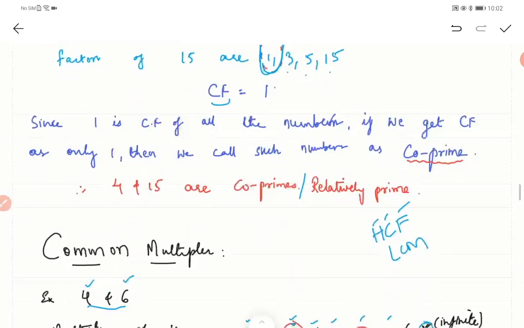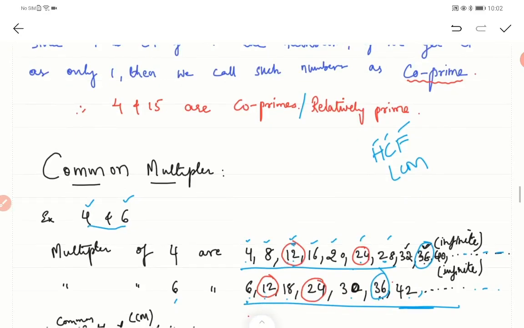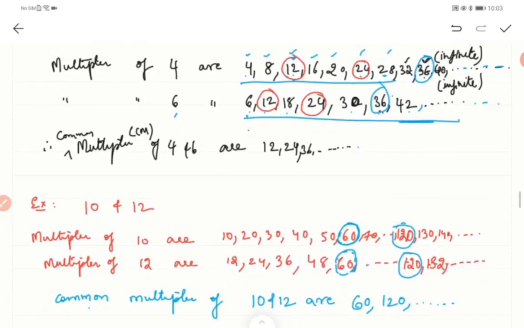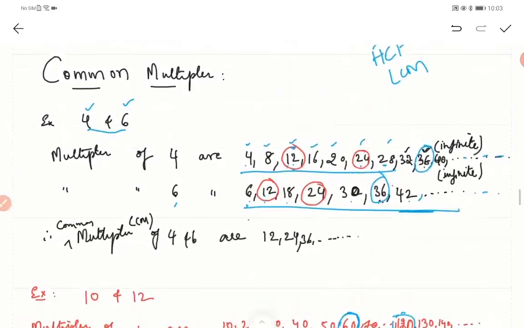Later we can see that HCF. I hope everyone knows how to take common multiples of two given numbers. First write the multiples of those numbers, and then just take the numbers which are common to both. So 12, 24, 36 are common.